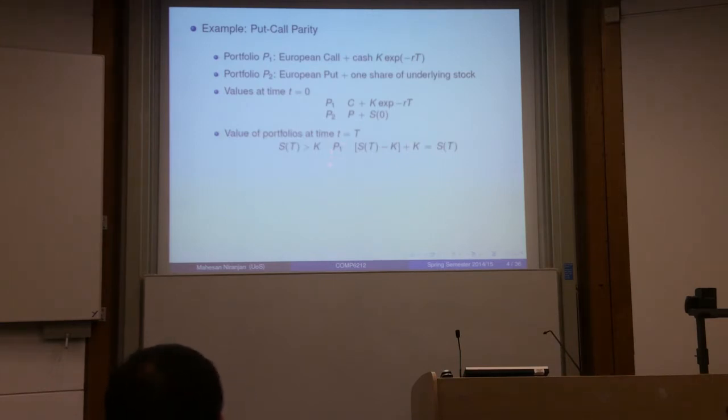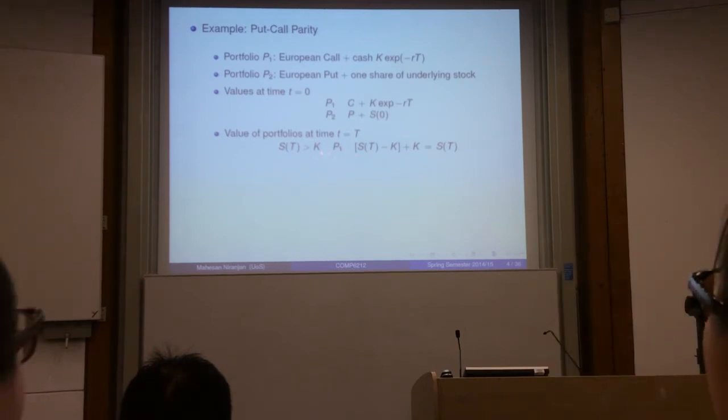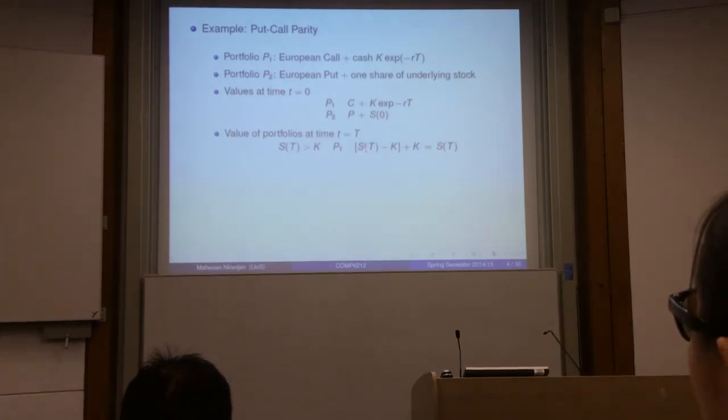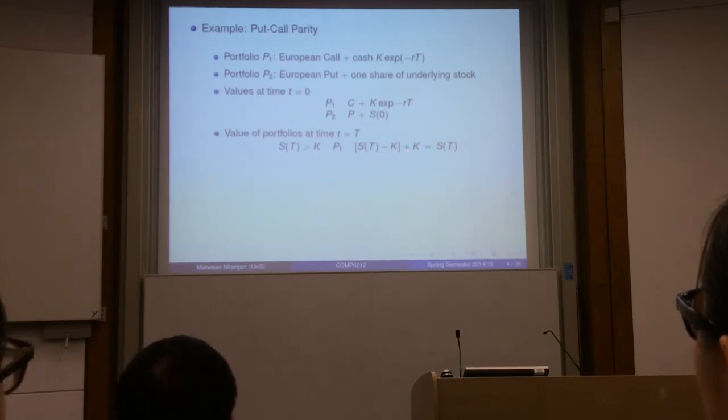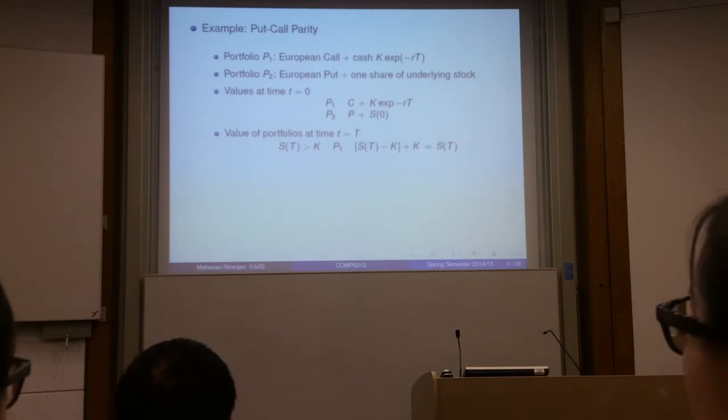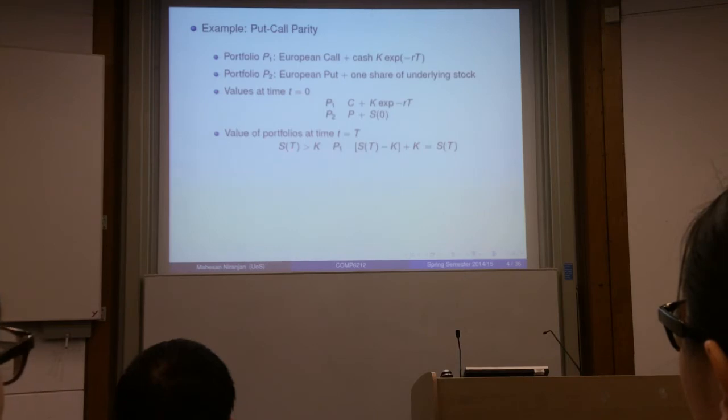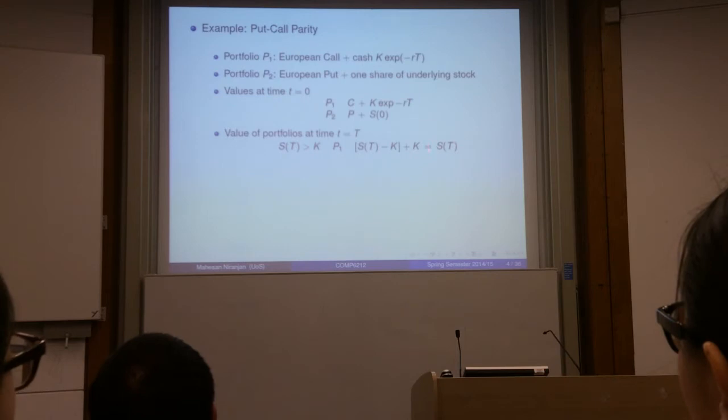So we go to time T. Suppose the stock is of price higher than the strike price, then the value of the first portfolio is I will gain this much by executing the contract, and I will have K money in the bank, because I started with K e to the minus RT, and with compounding interest that would make it K. So at time T, if the stock market is doing really well with respect to this stock, the value of my portfolio is just the value of the stock.